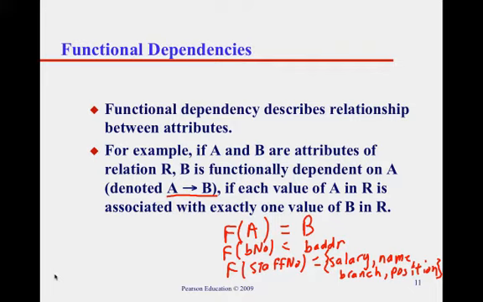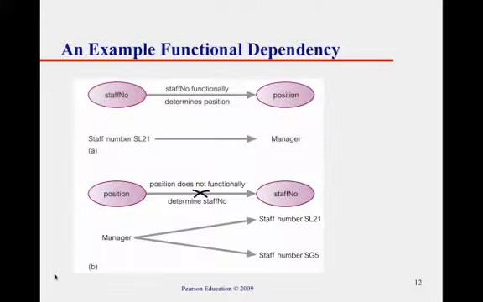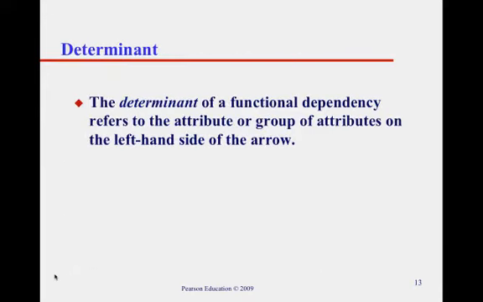Okay, and again, we denote functional dependencies this way in this course. We call the left side the determinant, so A is called the determinant, and B is what's being determined. So the determinant refers to the attribute or group of attributes on the left side of the arrow.